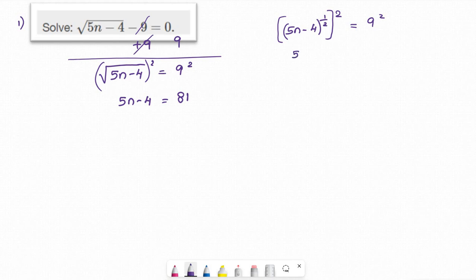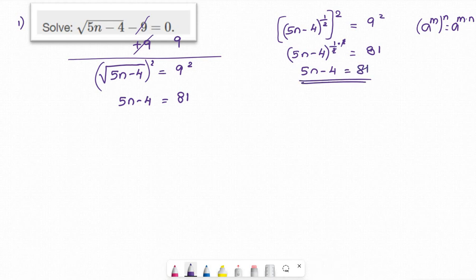And when we apply the law of indices there, it is 1 by 2 times 2, because you know a to the power m all to the power n is a to the power m times n. So 1 by 2 times 2 gets cancelled, 5n minus 4 equal to 81. So whenever we have a square root and we square that, the radical sign disappears. That is the net effect there.